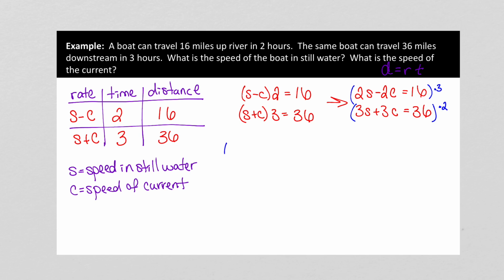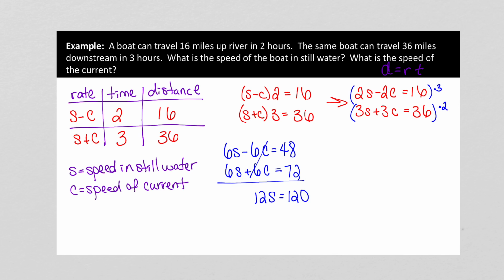So we'll have 6S minus 6C equals 48, and 6S plus 6C equals 72. Now we can add, and our C's will go away. So we have 12S equals 120. Divide both sides by 12. And we get 10 miles per hour.